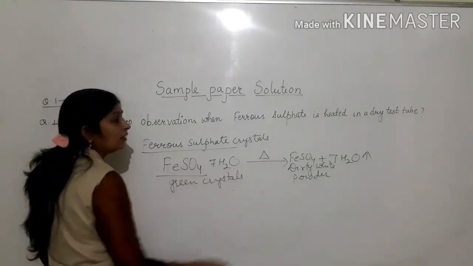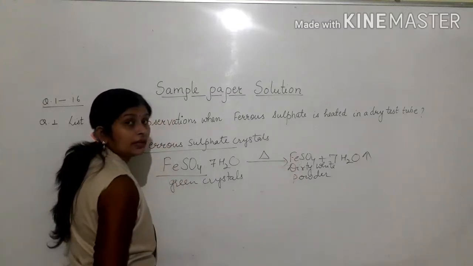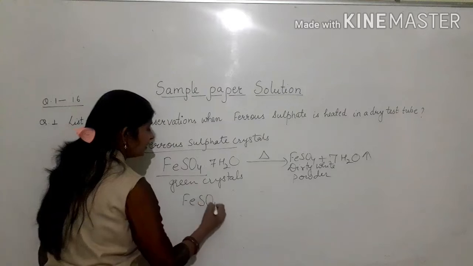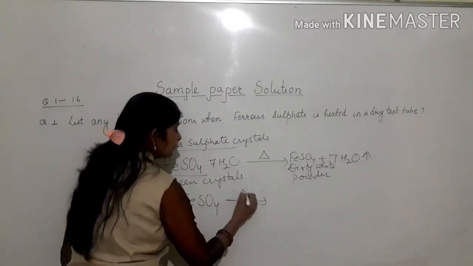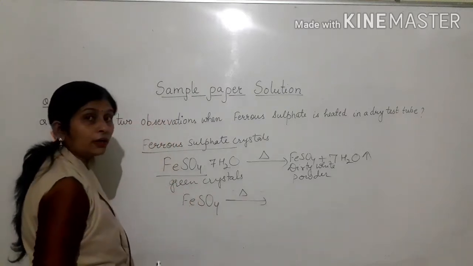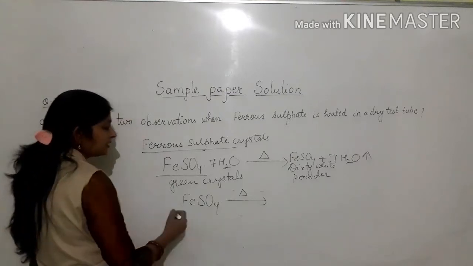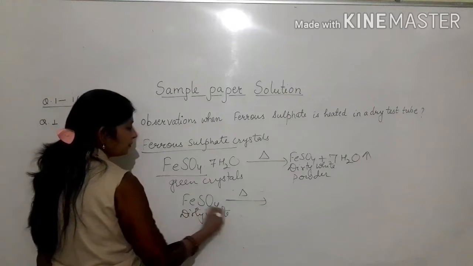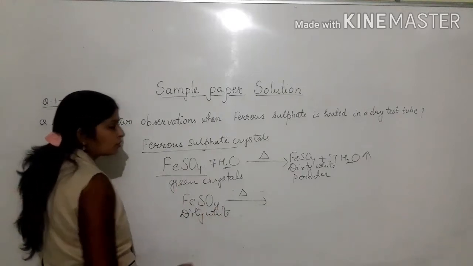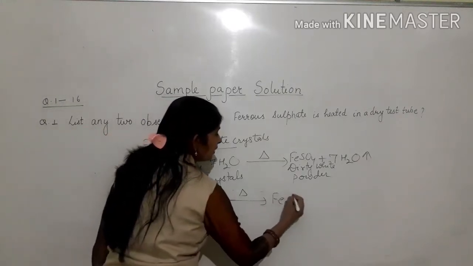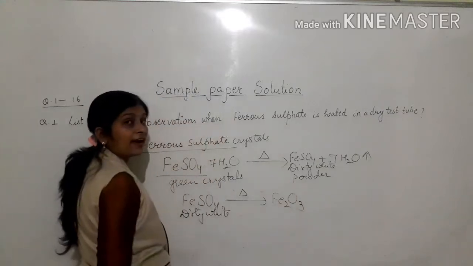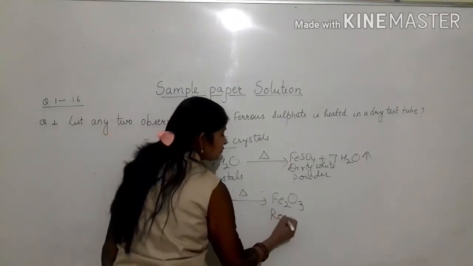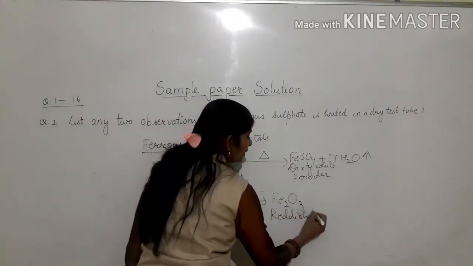Okay, then we continue heating this ferrous sulfate formed here. Now, on further continued heating, this ferrous sulfate, which is a dirty white powder, is decomposed to give ferric oxide Fe2O3 or iron third oxide, which is reddish brown in color.